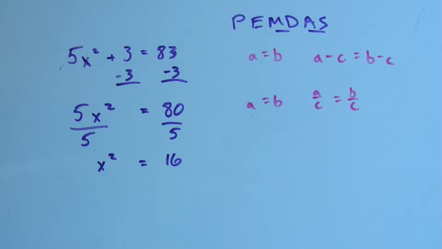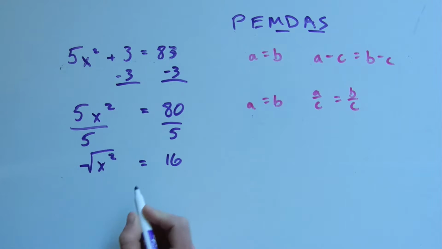Now, if we remember from Algebra 1, the way to isolate a variable, if it's with an exponent, is to raise it by the reciprocal of the exponent, which we'll go more in depth on in Algebra 2. But for now, remember that if a number is squared, in order to remove that exponent of 2, we simply take the square root, and whatever we do to the left, we're going to do to the right.